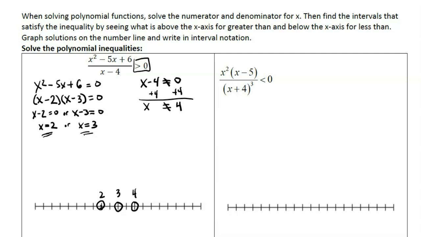So then I go through and I make a sign chart to help me decide where to put my solution set for this inequality. And use a little color. So for 2, to the left of 2 it would be negative. To the right would be positive, and then positive in each of those intervals there.